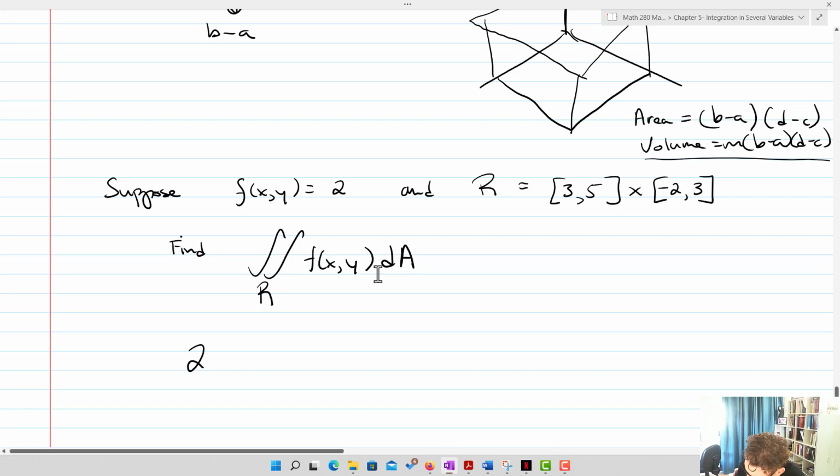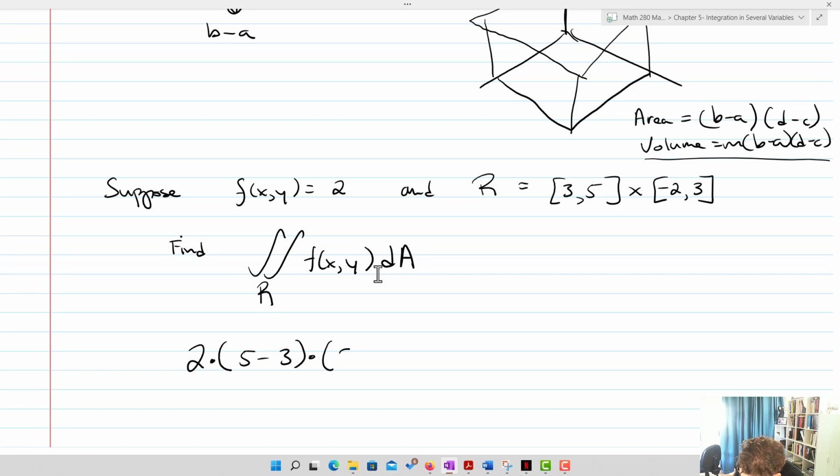So it's going to be 2 times (5 minus 3) times (3 minus negative 2). This ends up equaling 2 times 2 times 5, and that equals 20. That actually is the value of the double integral. We've actually found the volume over that region. In this case, we want to be very straightforward: all we're doing is finding a volume.